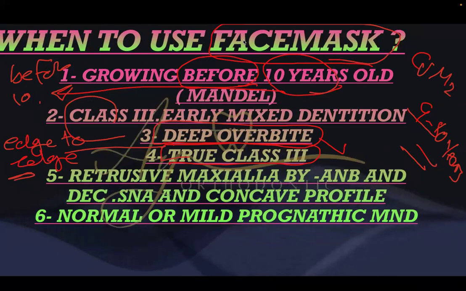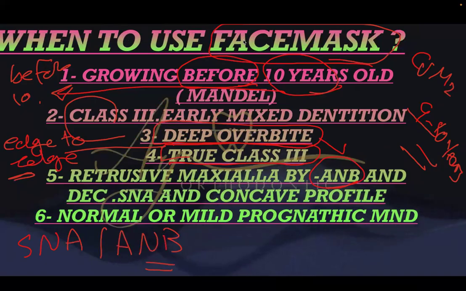I also need to have a retrusive maxilla, negative A point, reduced value of SNA and also OMB, okay? And it should be reflected dentally and in soft tissue. I have to have an obtuse nasolabial angle and a concave profile, retrusive upper lip, okay? And I need to make sure that he has a normal or mild prognathic mandible, okay?